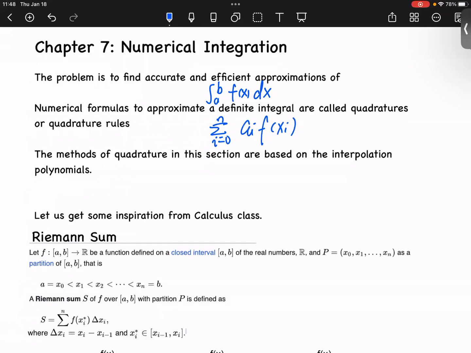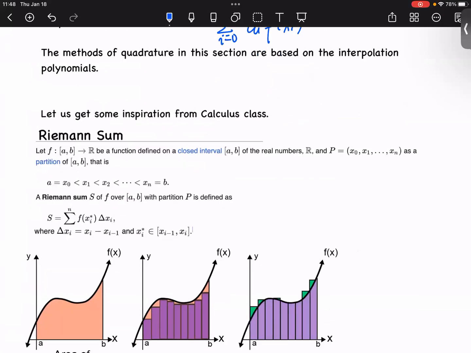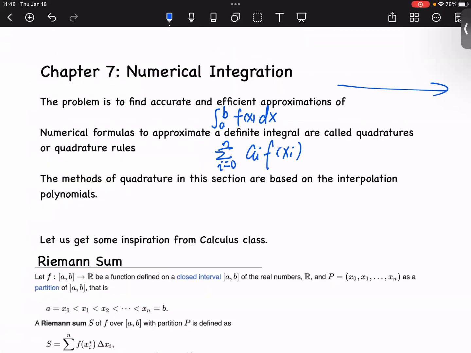So we have, for example, the integral, and it looks this way. And this is the f function, and we are doing the same thing as the finite difference, partitioning the interval. This is x0, or we have a and b here.